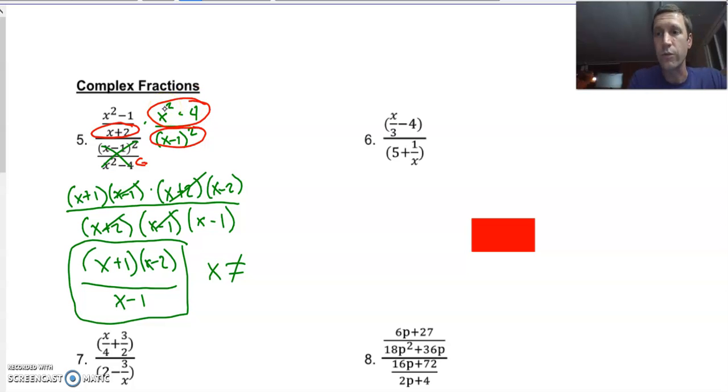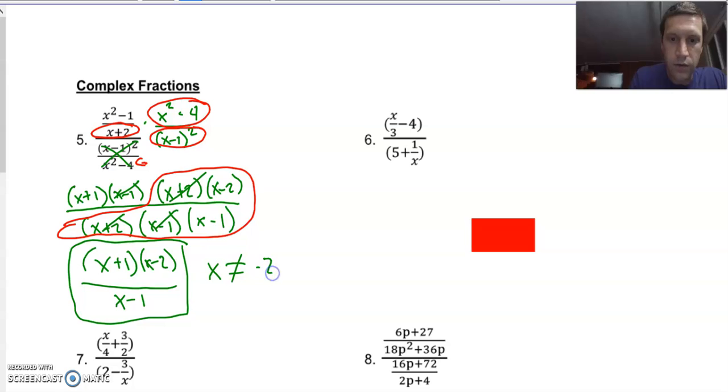So you get 3 pieces, 2 denominators and 1 numerator, where you'll have restrictions. We look at the factored versions of those. All these factors give us the restricted values: negative 2, positive 2, negative 1.